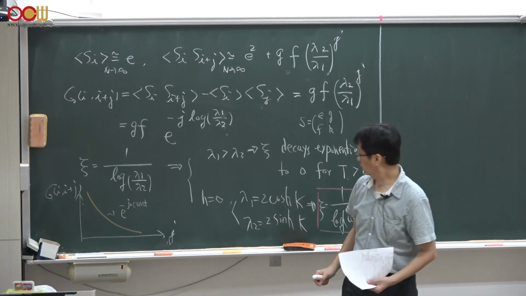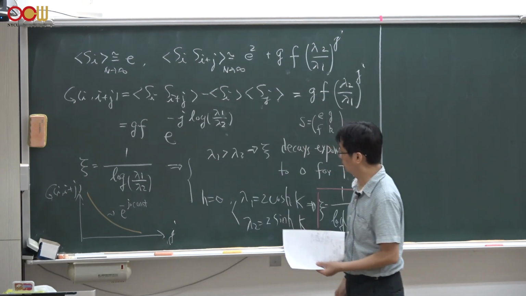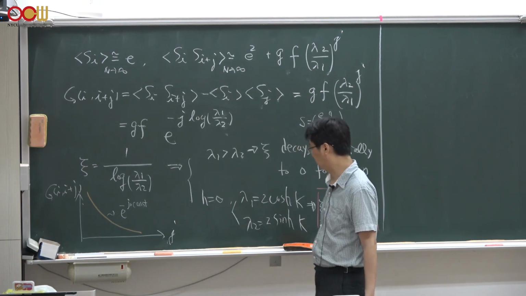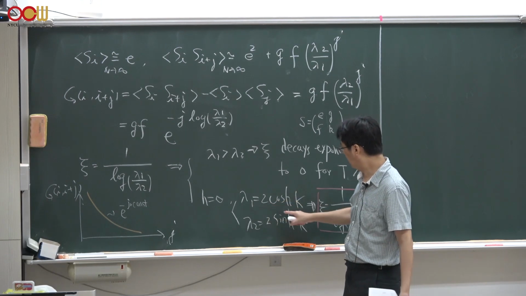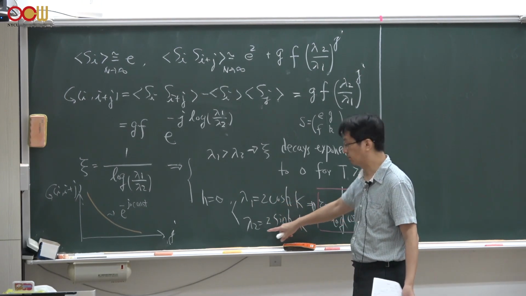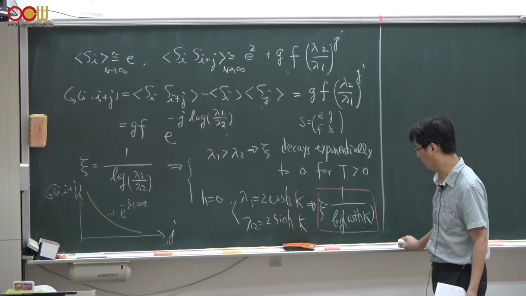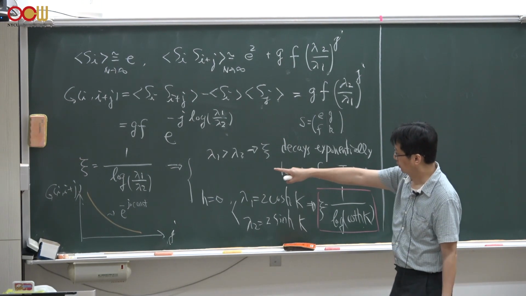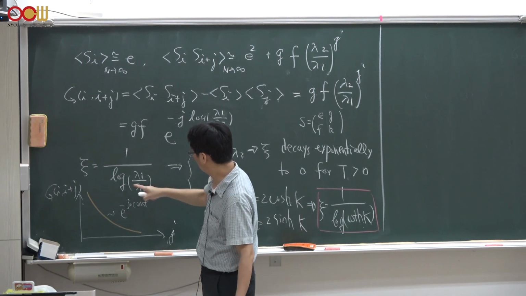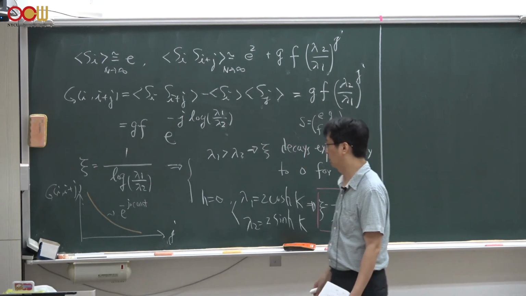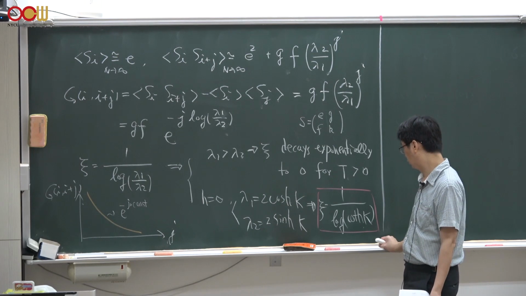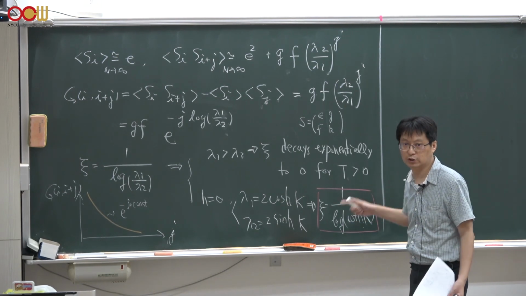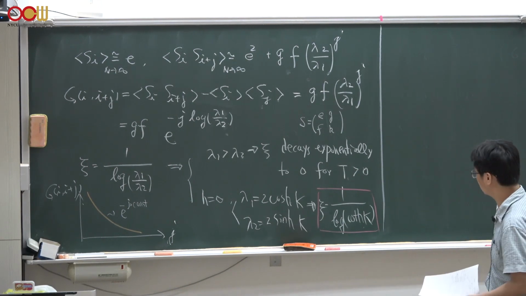We can keep checking this correlation function by setting the field to 0, the zero field limit, and you see that lambda 1 is 2 cosh K and lambda 2 is 2 sinh K. As a result, the correlation length ξ, defined by 1 over log of the ratio between lambda 1 and lambda 2, becomes 1 over log of the hyperbolic cotangent of K, which is exactly what we found last time.